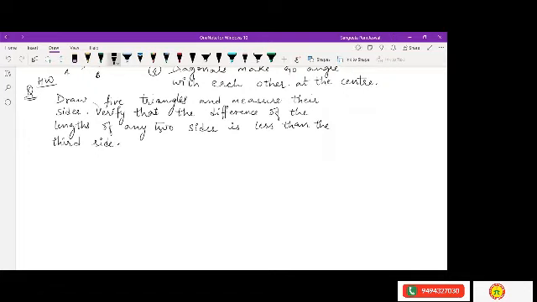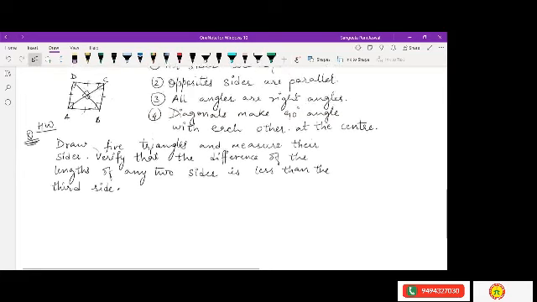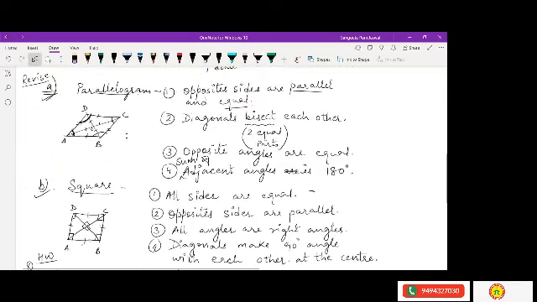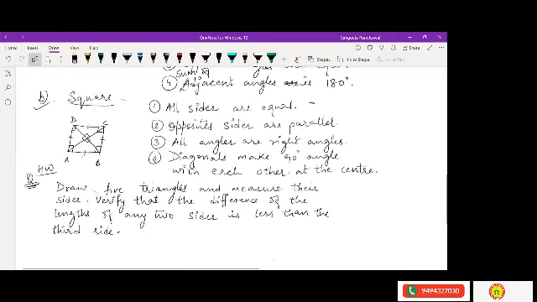So this question is for homework, and what else is the homework? To revise whatever we studied about parallelogram and square. Will you do that? Okay, ma'am. Lakshita, I didn't write the question. Yes, please write.